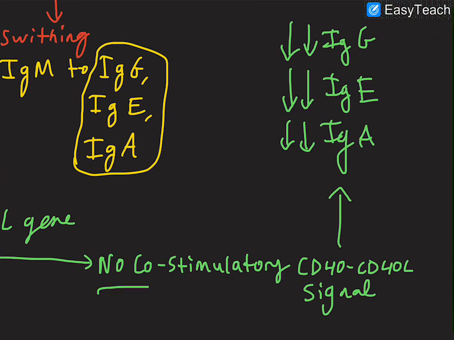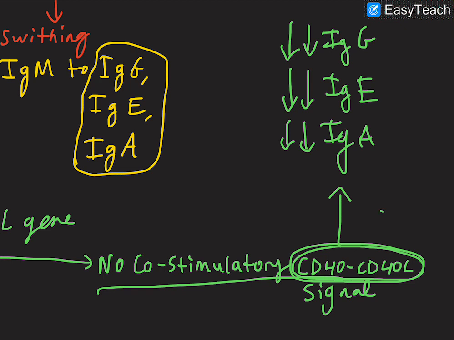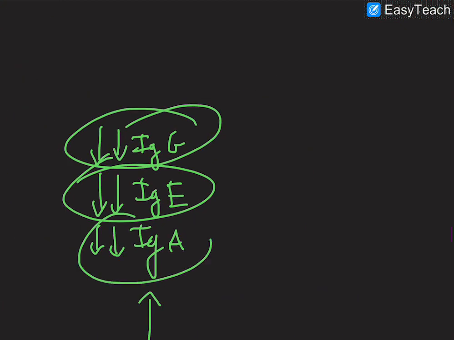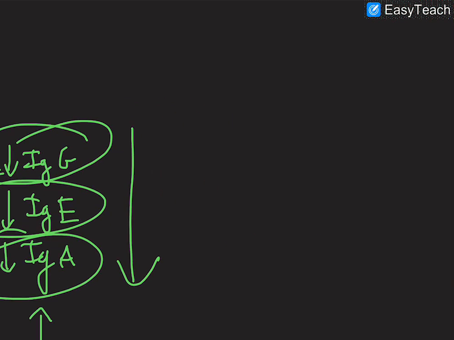So if you have no co-stimulation via the CD40 and CD40 ligand signal, then you can't produce any IgG, IgE, and IgA. So you have low levels of all of these antibodies, and the only antibody you can produce, because remember, you don't need class switching to produce IgM.